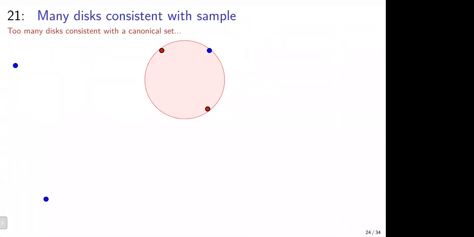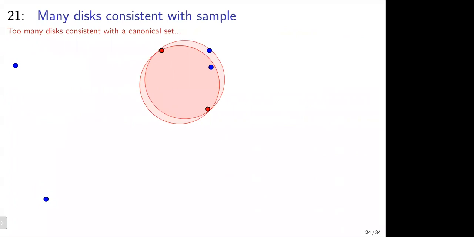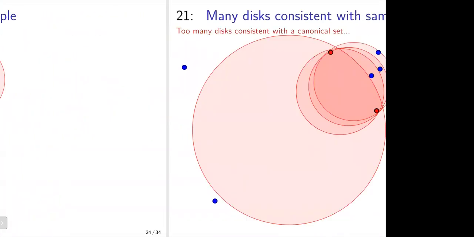So the natural thing to do is to try some kind of a pursuit evasion algorithm. You send the disk to the Oracle, you ask, is it good? The Oracle says, no, here's a blue point that you're covering. So you say, okay, let me move the disk a bit. And you go again and ask the Oracle, is this good? And the Oracle says, no, no, no. And the game continues like that, right?